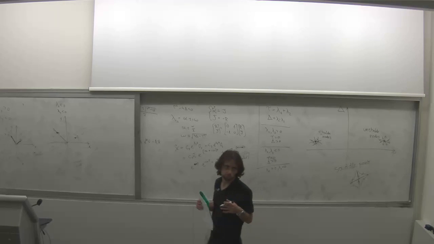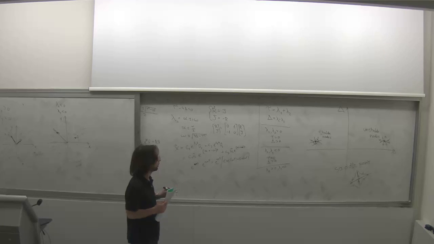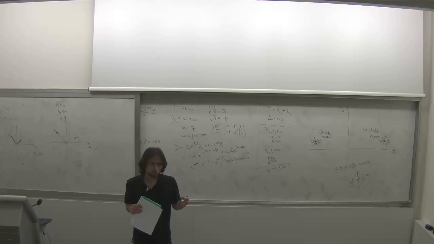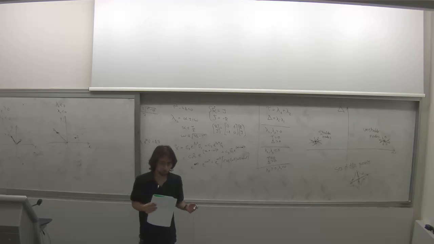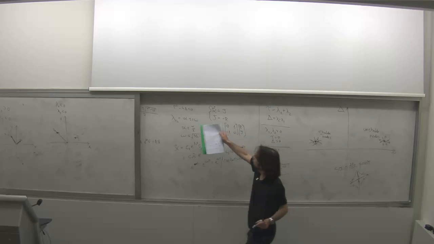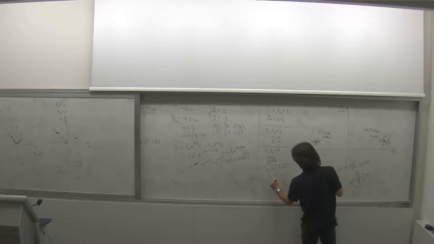Okay. And now for our special cases. We said that if we have complex eigenvalues, then we have spirals. And the condition was that tau squared minus 4 delta is negative. This means that delta is larger than tau squared over 4.